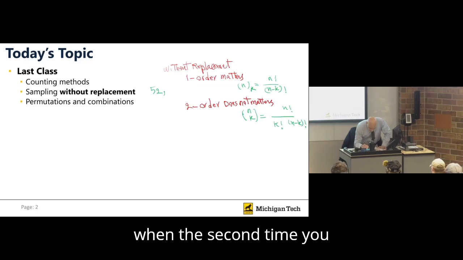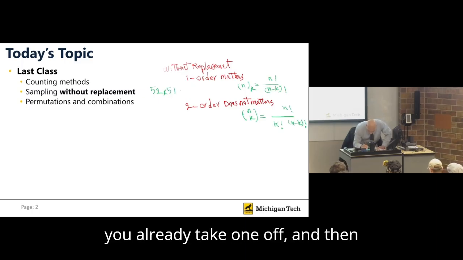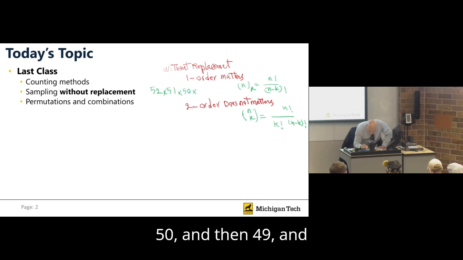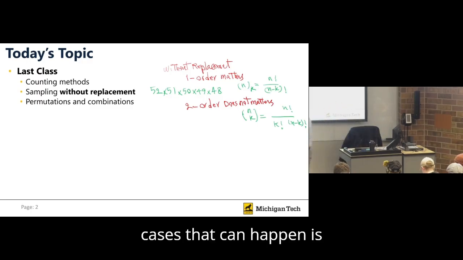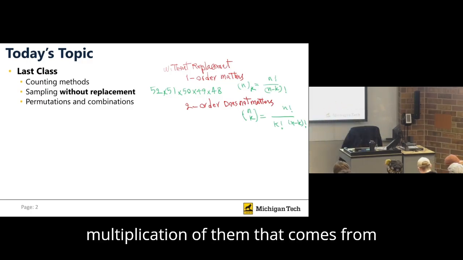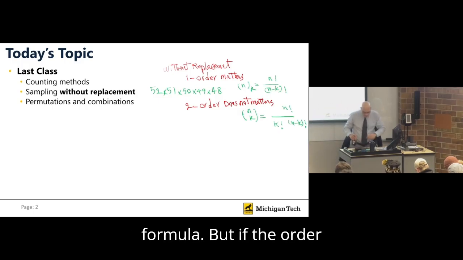The second time you have 51, because you already took 1 off, then 50, then 49, then 48. All possible cases that can happen is the multiplication of them, which comes from the permutation formula.